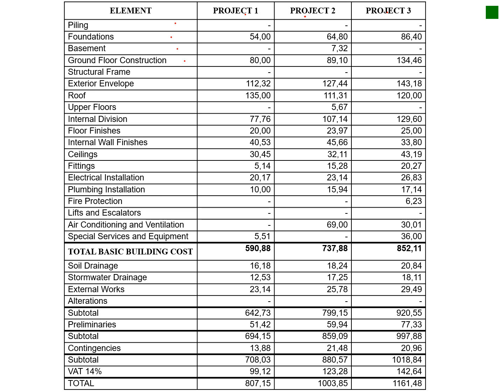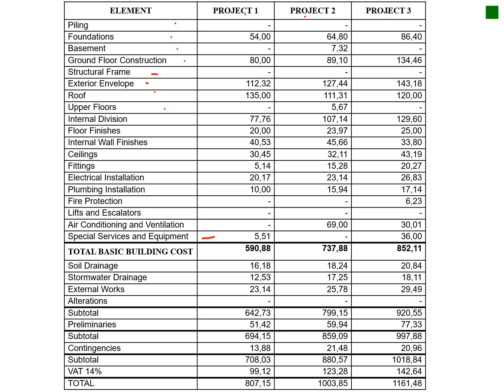Obviously these are very dated prices, but it's just easier to calculate if they're not too high. So for our exercise purposes, this is perfect. Structural frame, we didn't have anything. External envelope, your roof, upper floors, etc., up to your special elements. You'll recognize these elements as per your elemental estimate that you did.